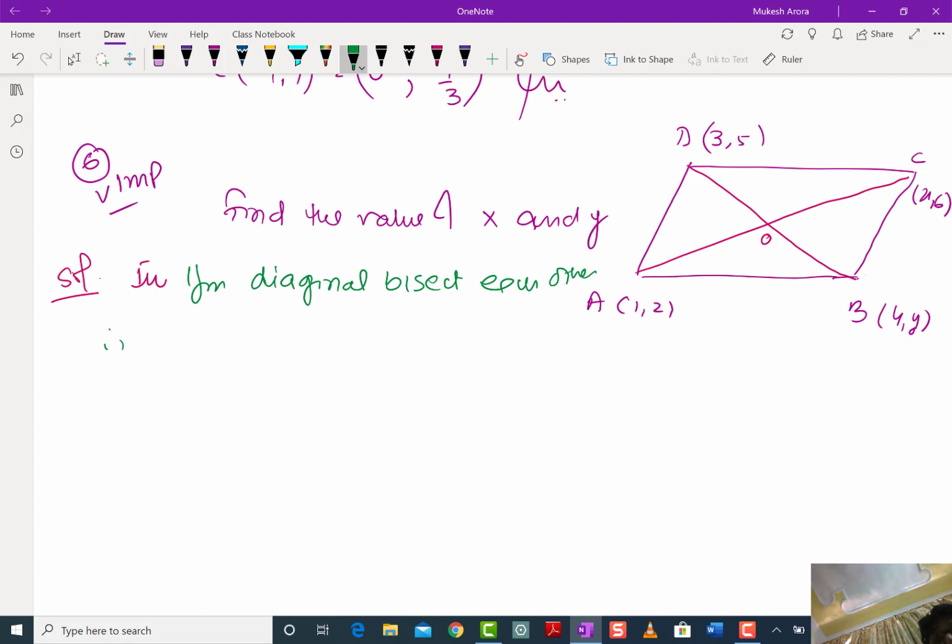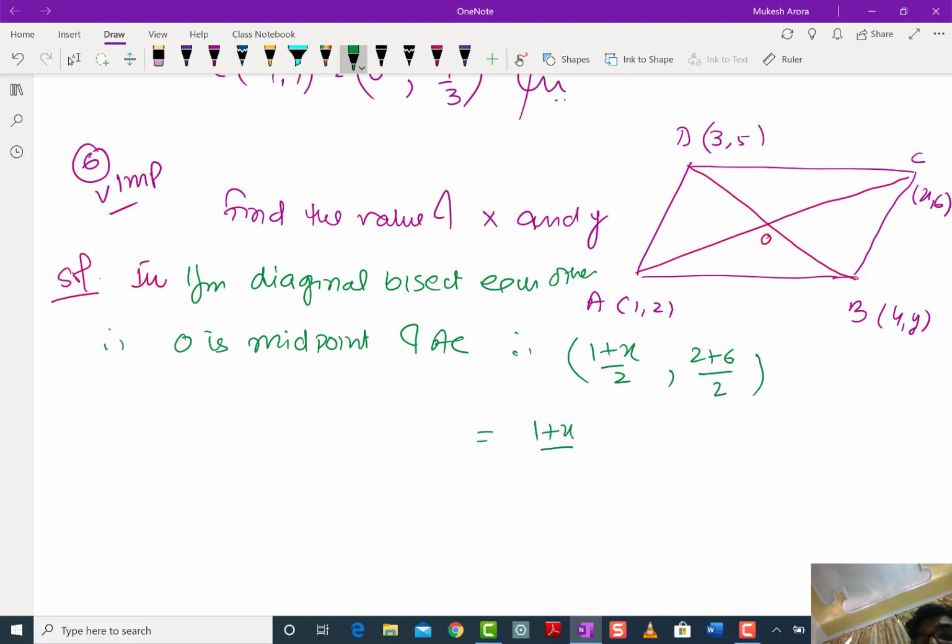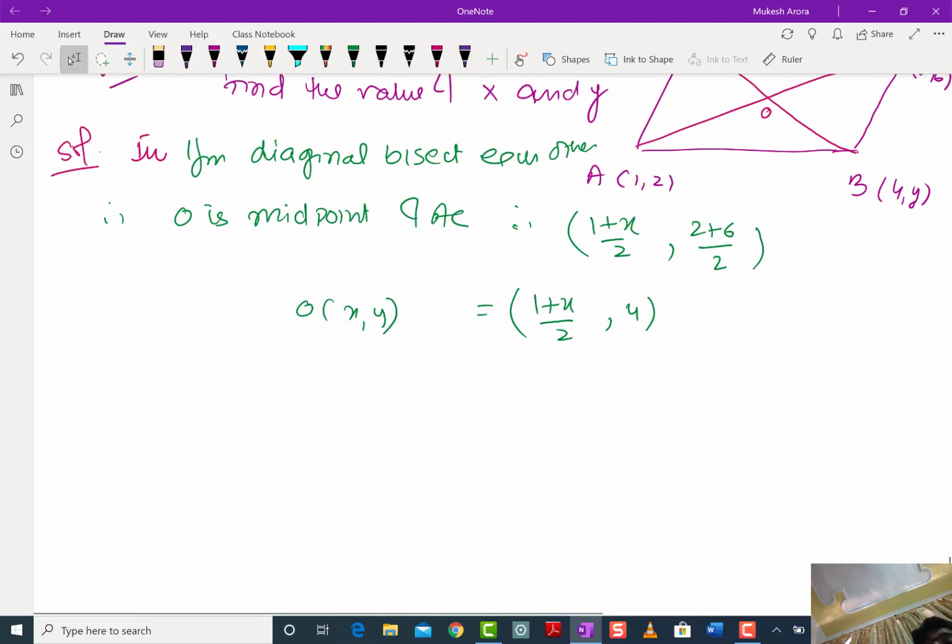Therefore O is midpoint of AC. Therefore 1 plus x by 2, comma 2 plus 6 by 2. So it will be 1 plus x by 2 and 4. These are the coordinates when this is the midpoint of this.